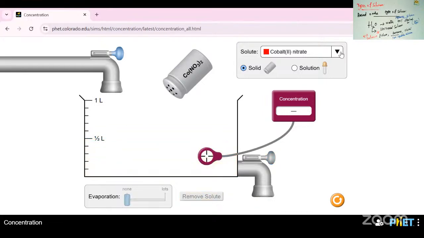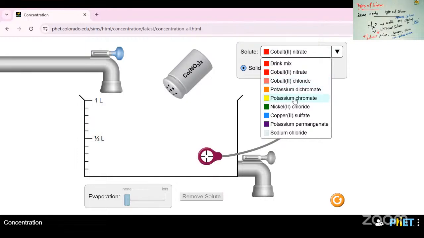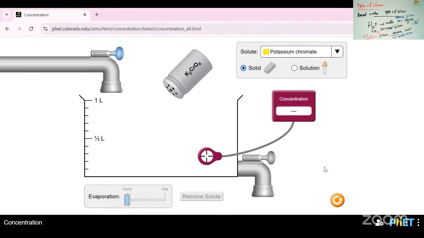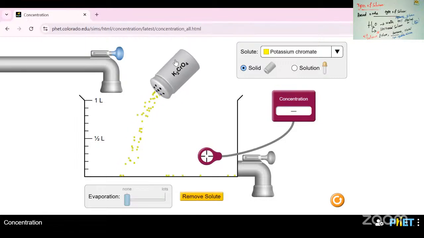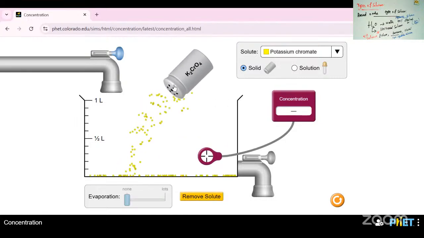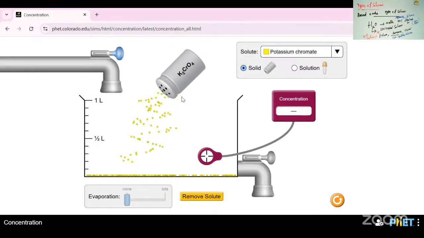So, I'm going to choose potassium chromate. Yes. Potassium chromate is yellow in color. The formula of potassium chromate is K2CrO4. Add water.